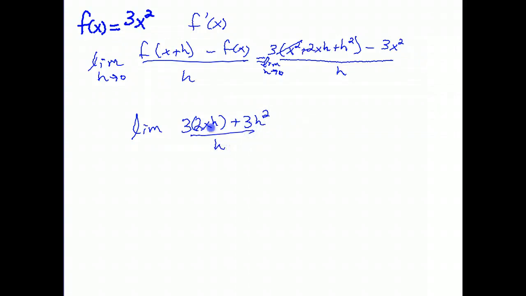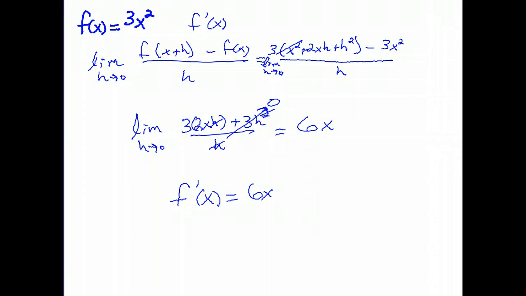Now, we can see that h cancels with h, and it cancels with one of those h's, and as h approaches 0, we know that the remaining term is going to 0, and we're just going to be left with 6x. So that tells us that f prime of x is simply equal to 6x.